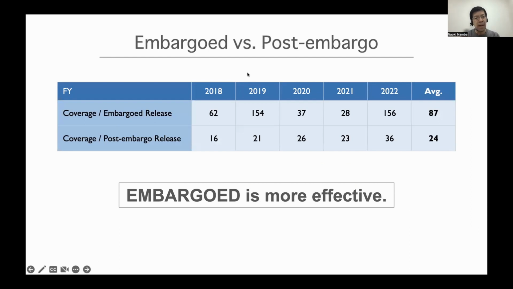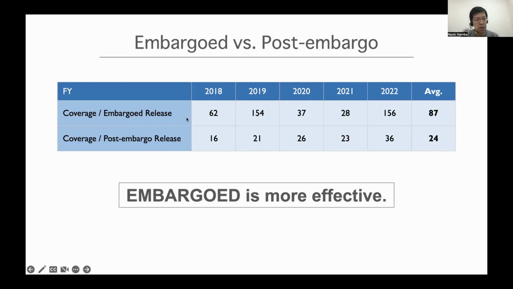So this slide compares embargoed and post-embargoed press releases. Looking at these numbers, it clearly tells that embargoed releases have been more effective.